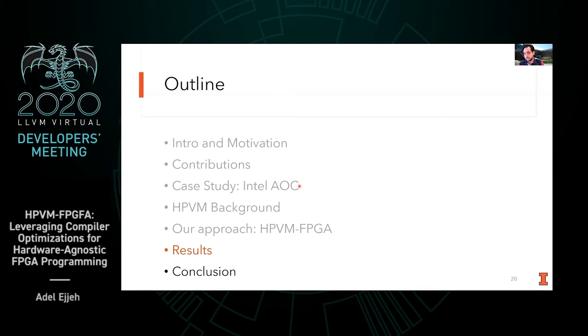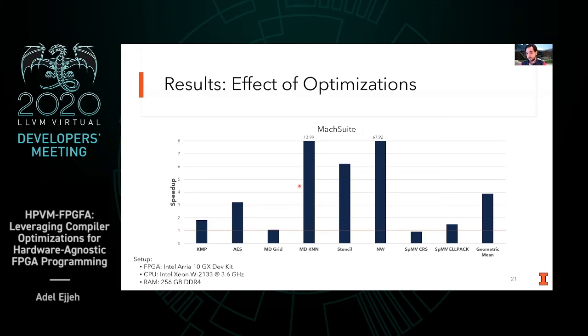We devised two experiments to analyze our optimizations. Our first experiment was to study the effectiveness of our optimizations, and we performed an analysis on 8 MachSuite benchmarks and the camera pipeline from the case study. This first chart shows the results for MachSuite. The baseline, which is represented by this red line, is a version compiled using HPVM-FPGA without applying any optimizations.